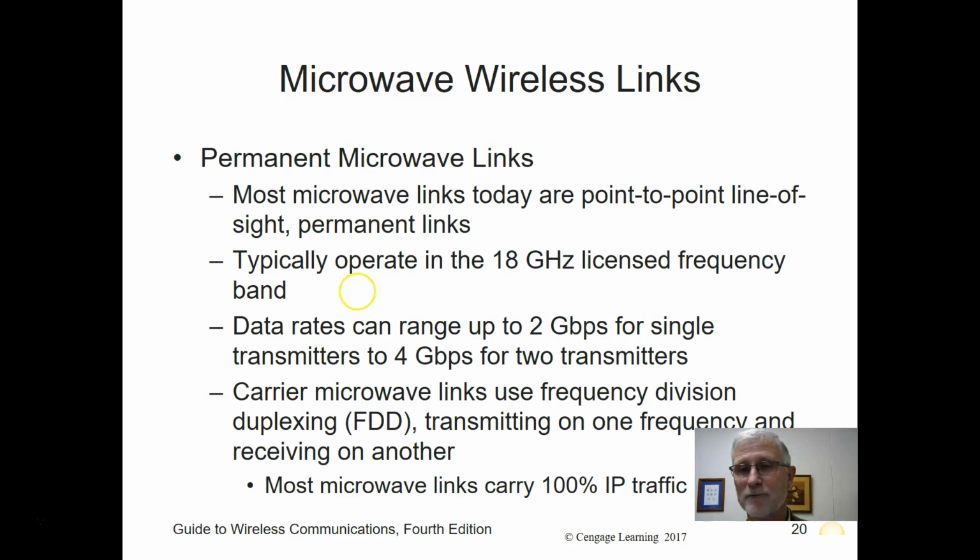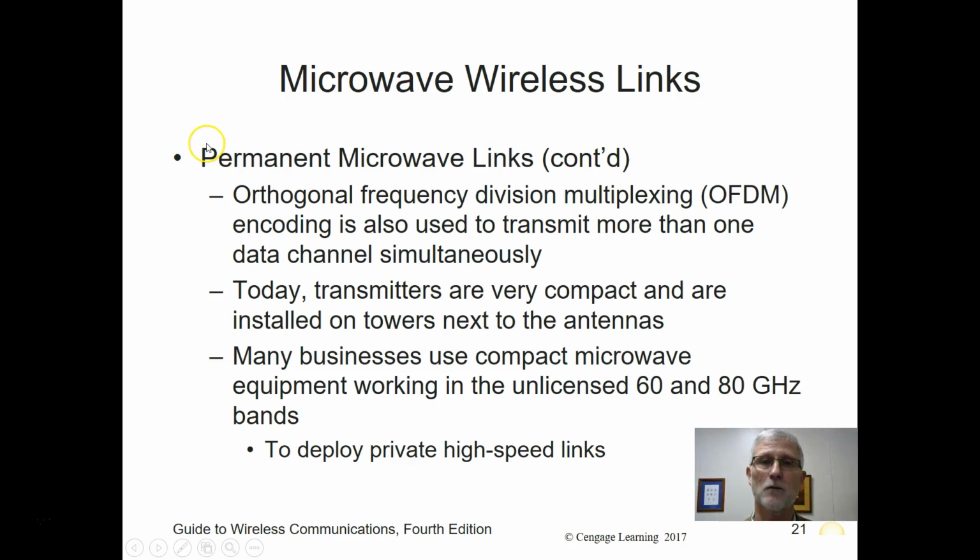It uses frequency division duplexing, sending on one frequency and receiving on another. Most microwave links can handle all of the IP traffic, so it isn't a split between two. It uses orthogonal frequency division multiplexing for encoding.